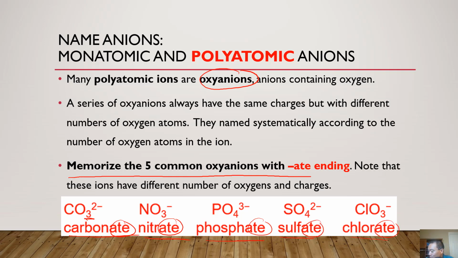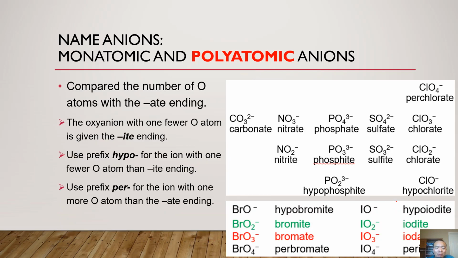They have different numbers of oxygens. Some have 3, some have 4. And the charges are different as well. So you simply have to memorize these 5 to start with. After that, things will become much easier for you. Okay? What we are going to do is, based on these ATE ending ions, we compare the number of oxygens with the ATE ending.